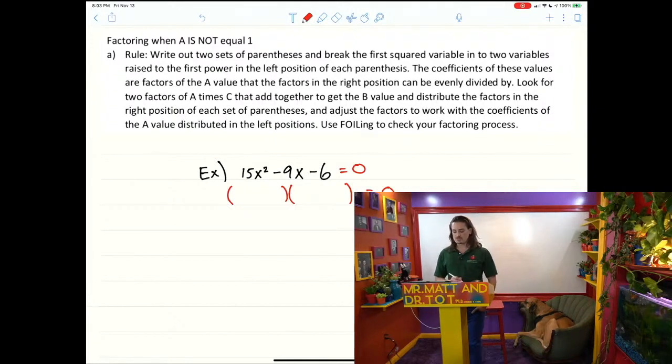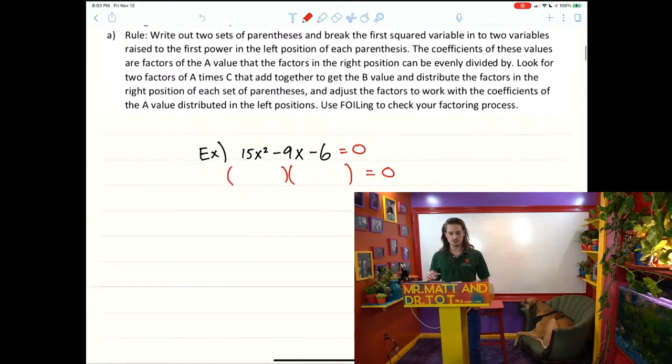Look for two factors of a times c that add together to get the b value and distribute the factors in the right position of each set of parentheses. Then we're going to adjust the factors to work with the coefficients of the a value distributed in the left positions. Remember that we can always use foiling to check that we did the right procedure and that our answer is valid.